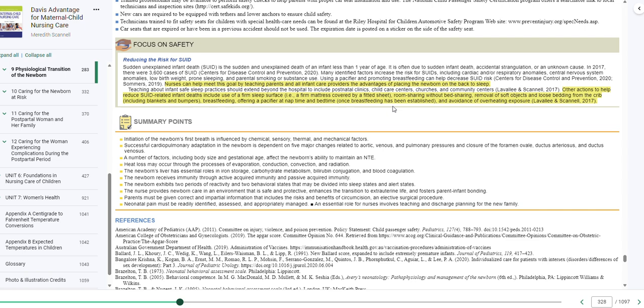They don't have any loose objects in the bed, no big fluffy blankets. The only thing that they should have in their bed is maybe a pacifier and a bulb syringe. Okay? No bumpers, no blankets, nothing like that. Okay? They should be sleeping in a onesie to keep them warm enough.